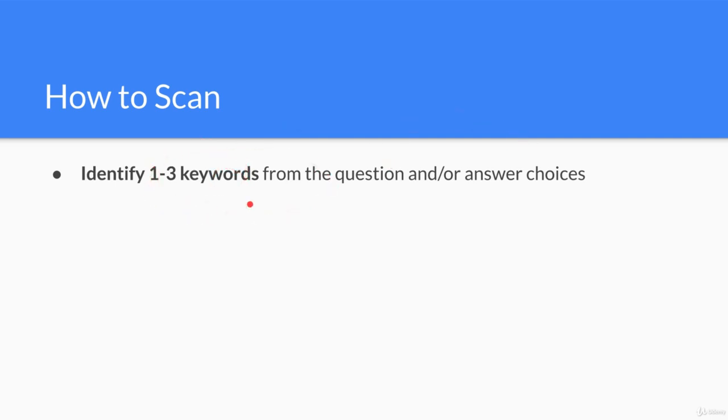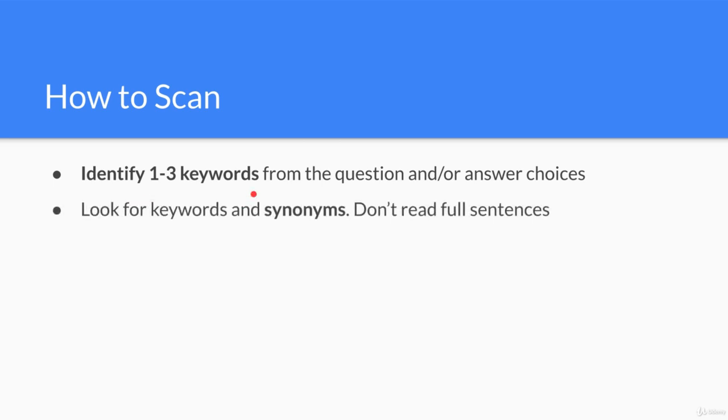Once you have identified these keywords, then you have to look for these keywords and also the synonyms of these keywords in the reading passage. So when you are looking for these keywords, you are not reading full sentences. Do not do that. Just look for the keywords and look for the synonyms, words and phrases that mean the same thing.